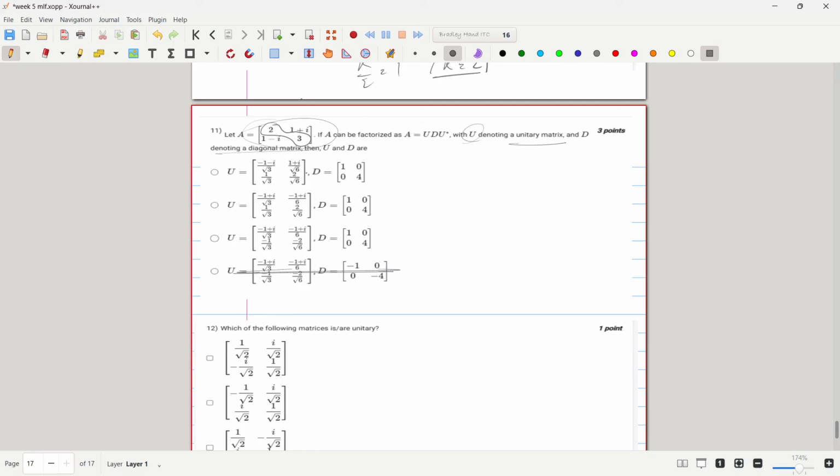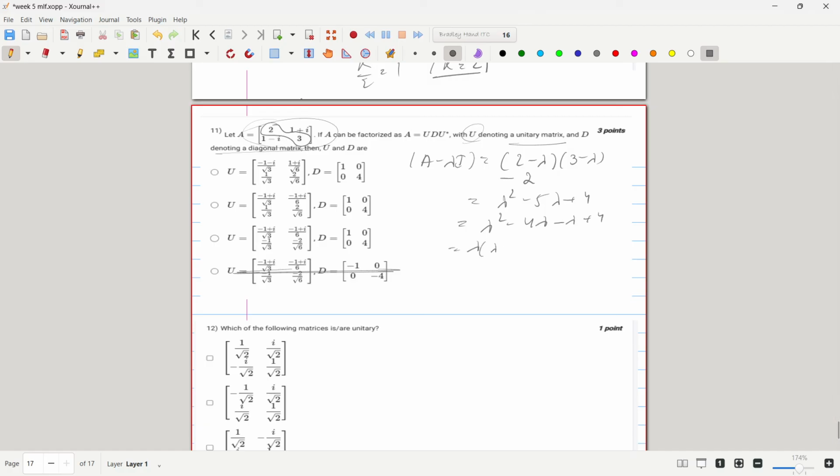Now you have to find the unitary matrix. What is U? U is the group of your eigenvectors. So determinant of A minus lambda I is equal to 2 minus lambda times 3 minus lambda minus 2, that will be equal to lambda square minus 5 lambda plus 4. This will be equal to lambda square minus 4 lambda minus lambda plus 4.